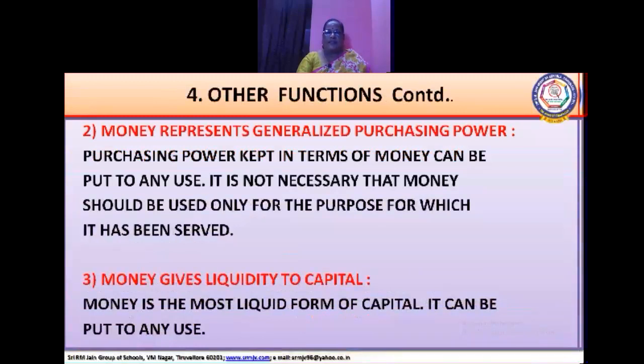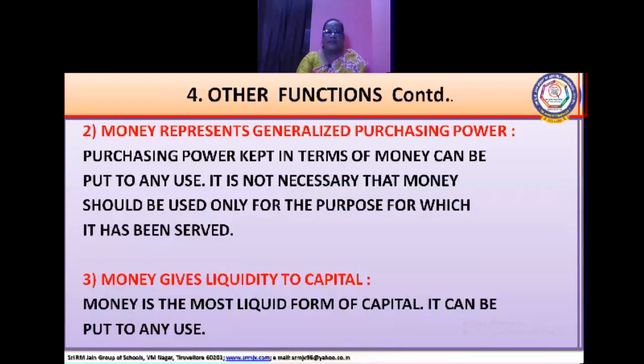In other functions, the second one: money represents generalized purchasing power. Purchasing power kept in terms of money can be put to any use. It is not necessary that money should be used only for the purpose for which it has been saved.